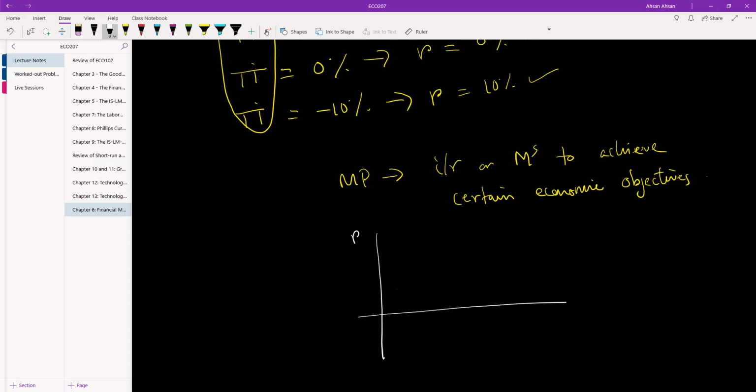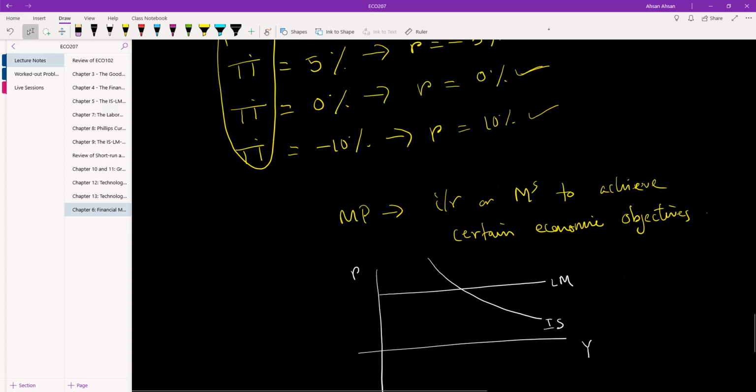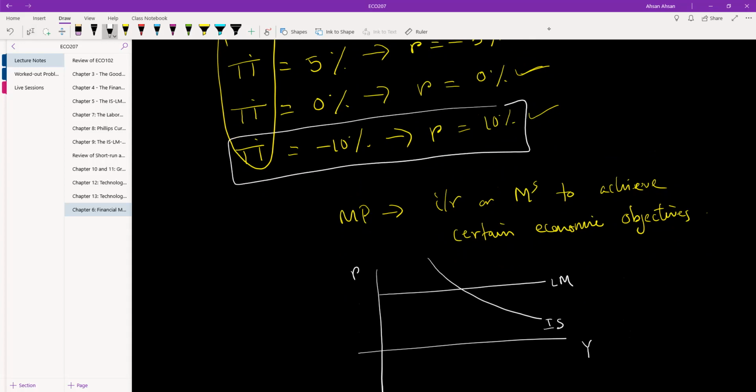we have interest here, Y here, we have IS, suppose we have LM. Now the problem is that if we are facing a scenario such as this, for example, where we have had 10% deflation, and so the real interest rate cannot fall below 10%.